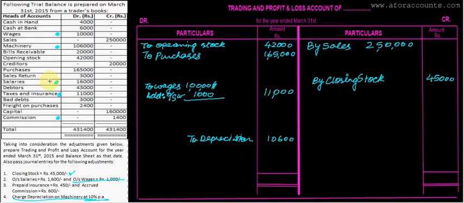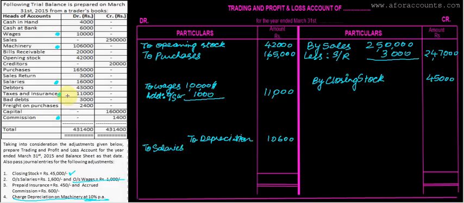Okay. Then sales return 3,000. Sales return has to be subtracted from sales. So less, write properly in full form, sales return 3,000 and 2,47,000 is the balance of net sales. I have taken it out. Salaries, it is 16,000. Okay, so in P&L account I will write here to salaries.